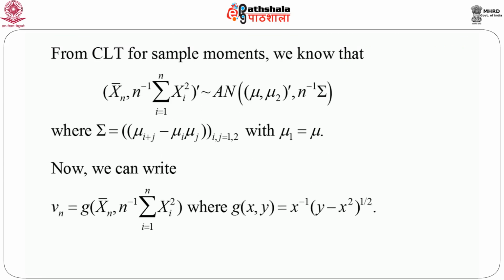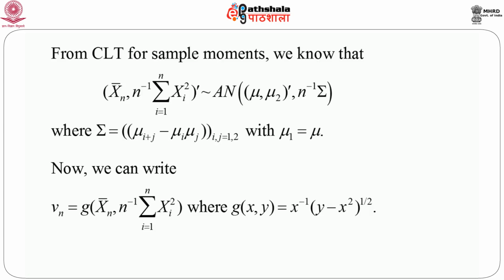From the CLT of sample moments, we know that Xn bar and 1 by n summation Xi square follow asymptotic normal with mean vector (mu, mu 2) prime and dispersion matrix Sigma by n, where this capital Sigma is the matrix whose ijth component is given by mu i plus j minus mu i into mu j, with mu 1 equals mu.